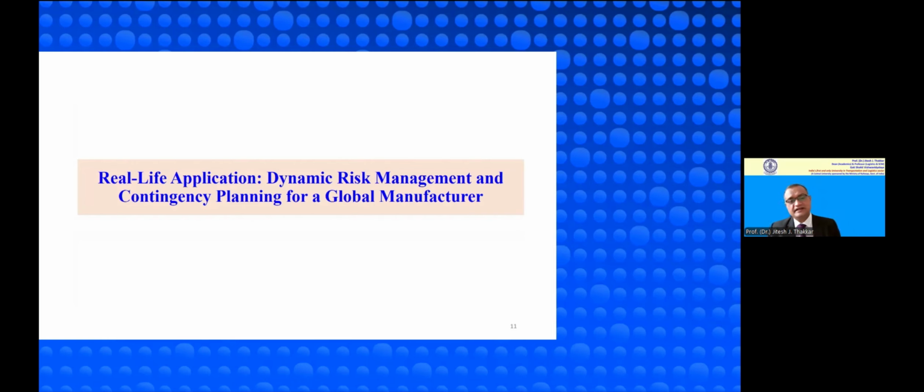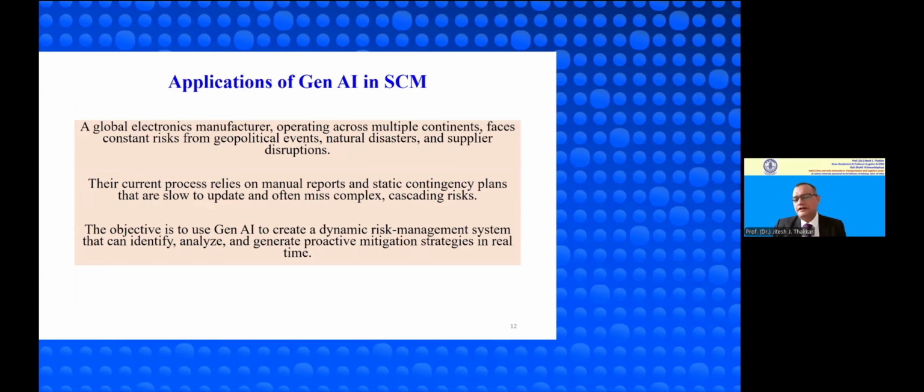Let us look at the real-life application of Gen AI for dynamic risk management and contingency planning for a global manufacturer. If we go a little deeper, a global electronics manufacturer is operating across multiple continents. You can understand the scale and scope of the supply chain, the level of uncertainty, and the complexity involved.